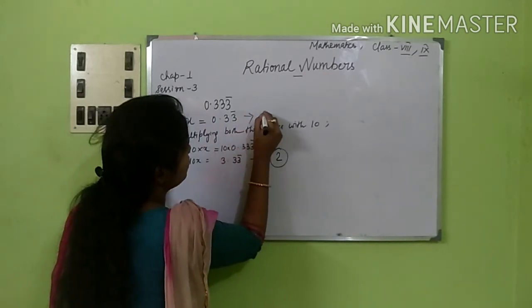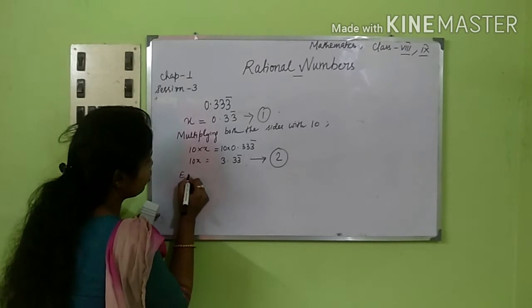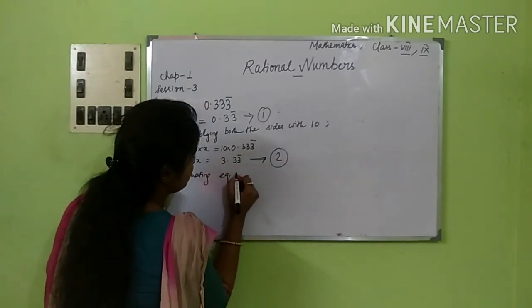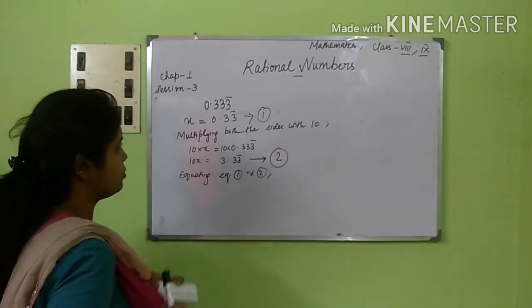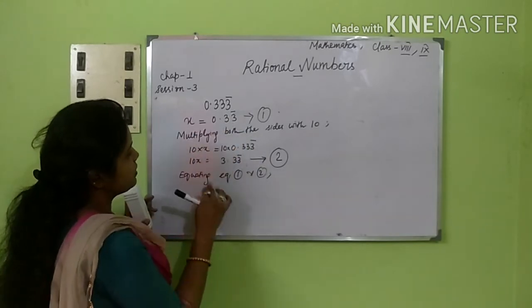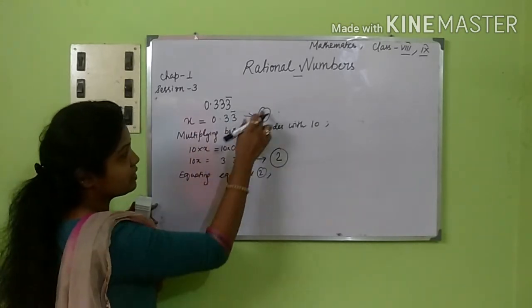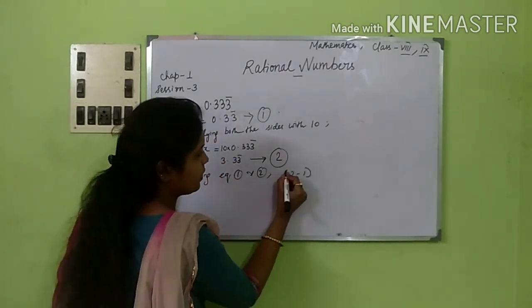Okay, so this you can keep as equation 1. Now, subtracting equation 1 from 2, that is equation 2 minus 1.